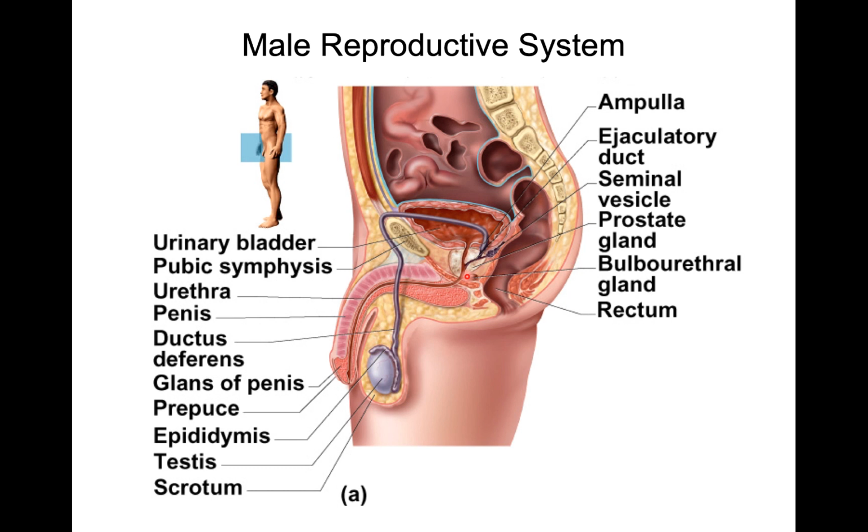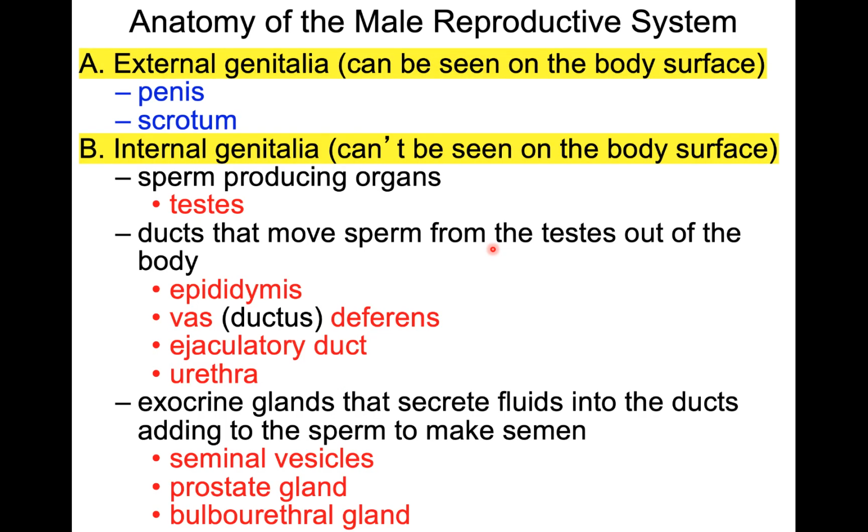So for men, they have three main glands that create secretions to help sperm survive, and that's going to be again the prostate gland, bulbourethral gland, and seminal vesicle. We will talk about the functions of all of these in just a second.